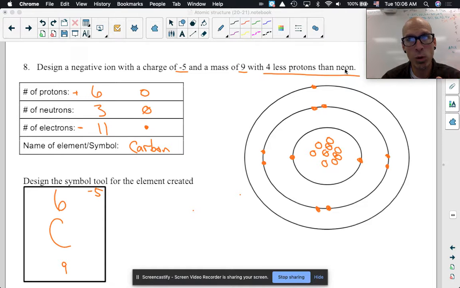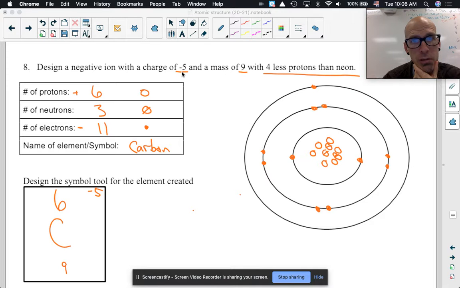What's 10 minus 4? 6. 6 is the number of protons it has to have, which means it has to be carbon, because carbon has 6 protons. It is number 6. Mass of 9 means 6 plus your 3 has to total 9. That's how we know that neutrons is 3. So again, 9 minus 6, 3 neutrons.